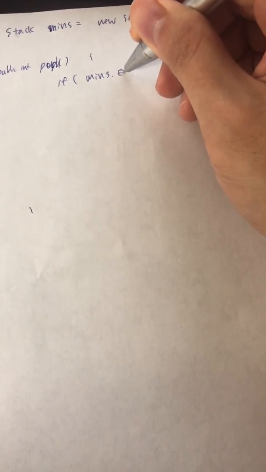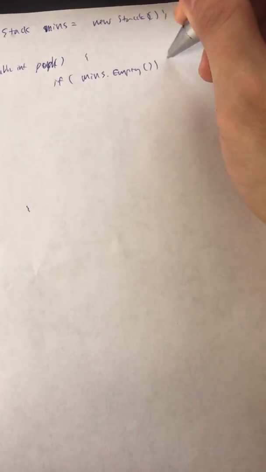So actually, let me start with push first. So every time I push, if mins.empty, so if the minimum stack is empty, that means there hasn't been any minimum instantiated. So I'm going to just mins.push, int elm.